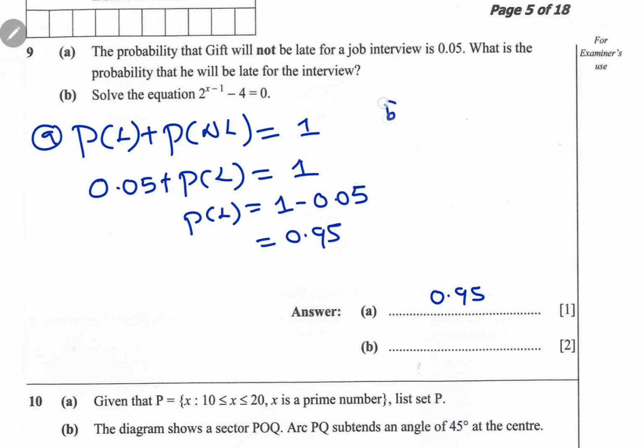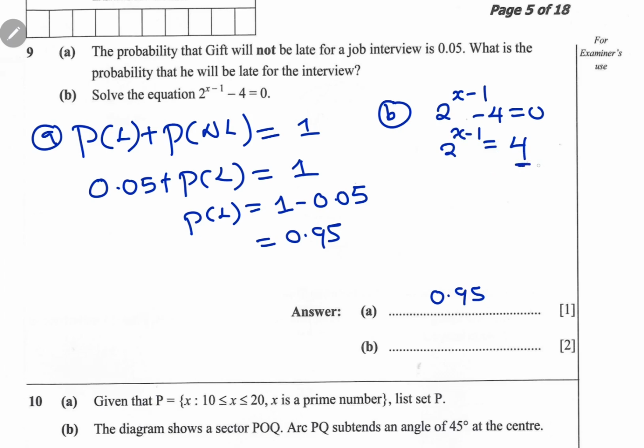Now for B, solve the equation 2^(x minus 1) minus 4 is equals to 0. So here, solving such equation, normally you need to express the same bases. So you take this one to the other side. So you're going to have 2^(x minus 1) is equals to 4.